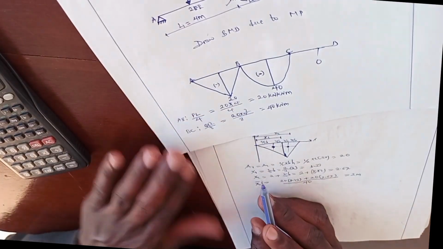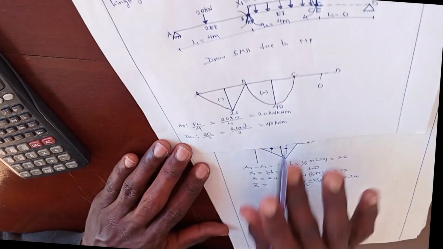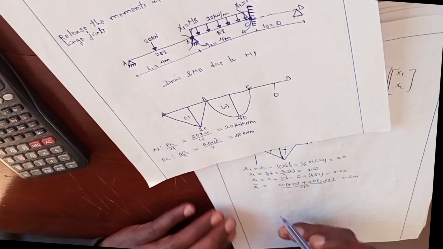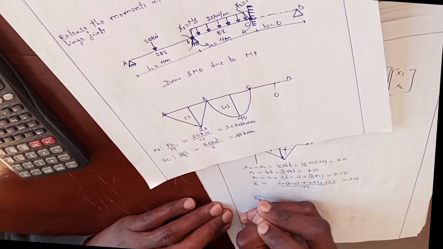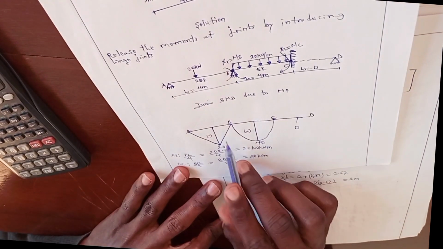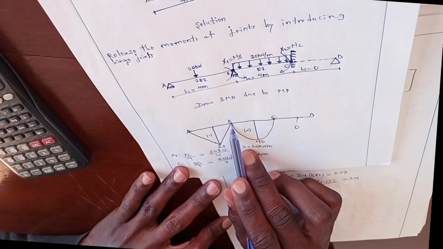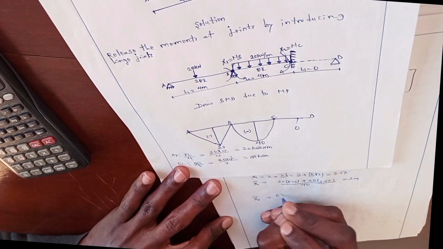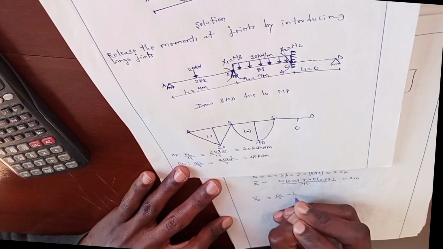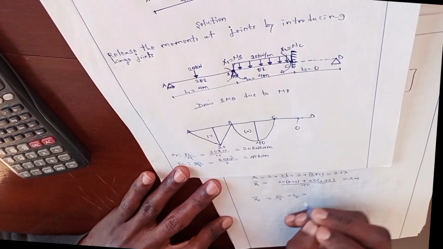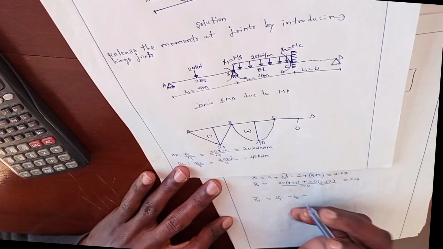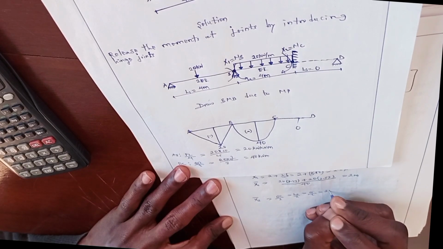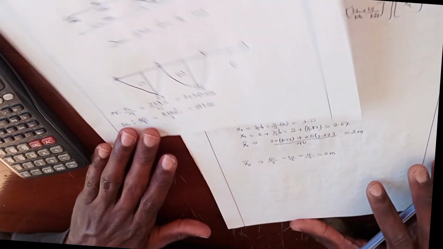Okay, to obtain the centroid for member BC, centroid 2, we take the distance of member BC divided by 2, which is L over 2. This is L2, which is 4 divided by 2, equal to 2 meters.